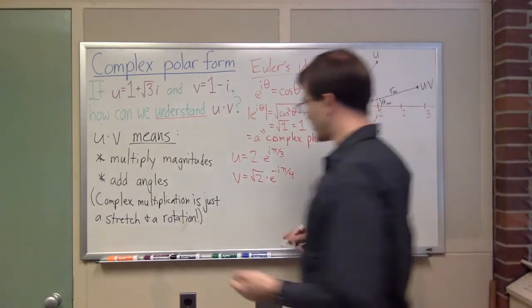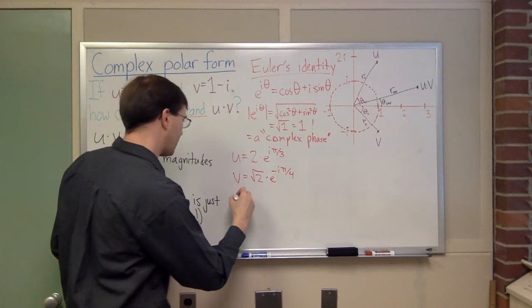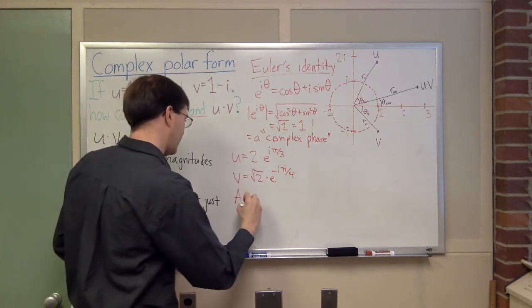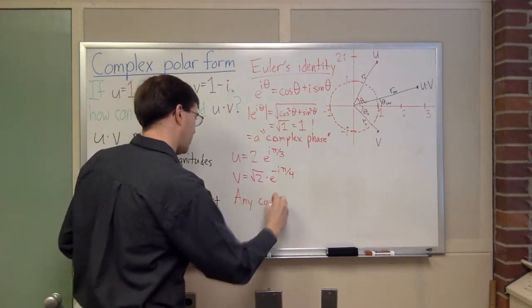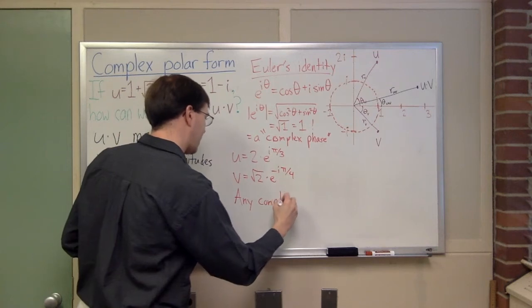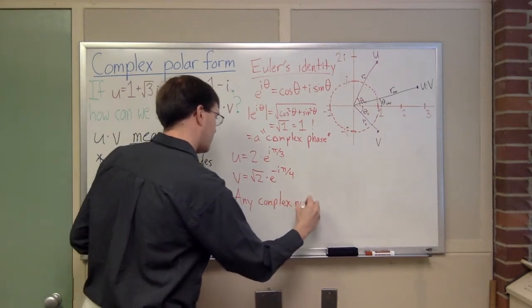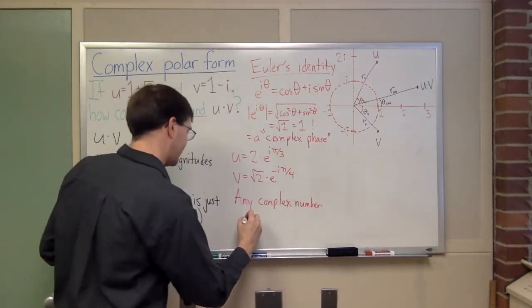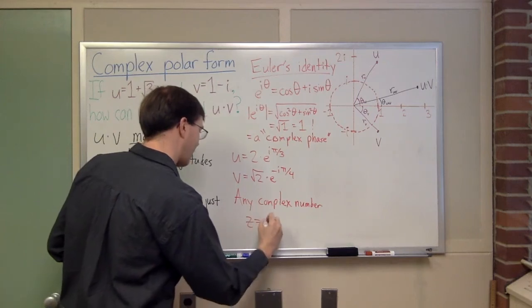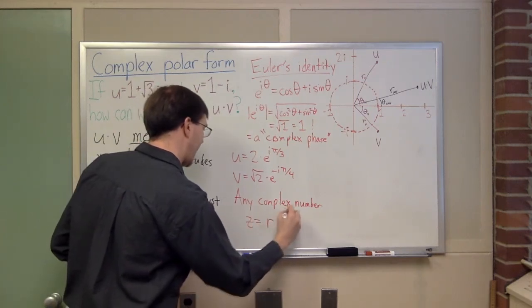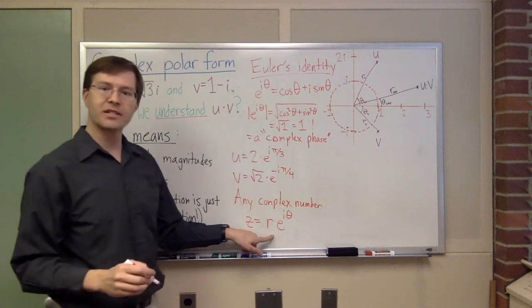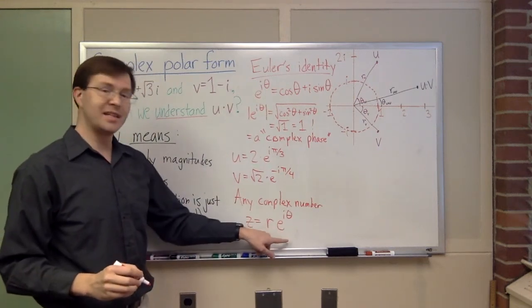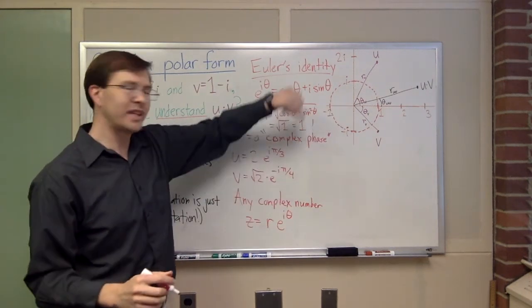In general, any complex number z can be written as r e to the i theta, where r is its magnitude, its absolute value, and e to the i theta tells you what the angle is.